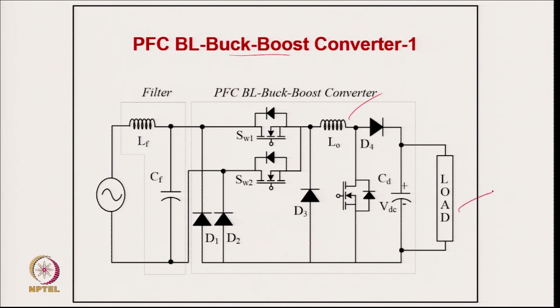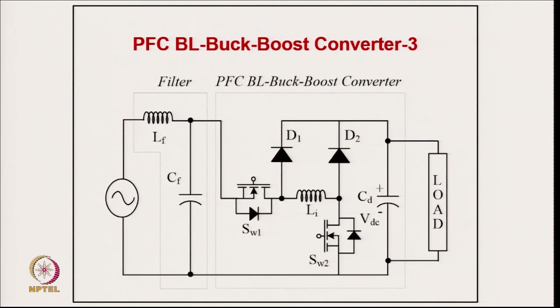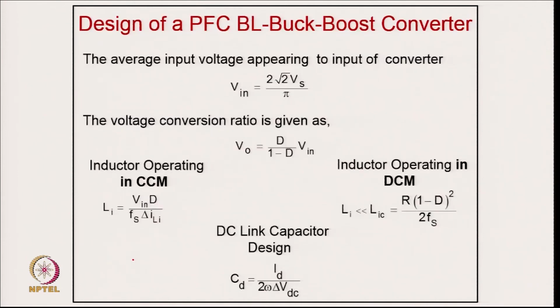That is one configuration. The second configuration again has two devices for positive and negative half cycle. This is another configuration of the bridgeless buck boost converter, and then this is the third configuration for bridgeless operation. All have unity power factor and harmonics less than permitted according to the rating.